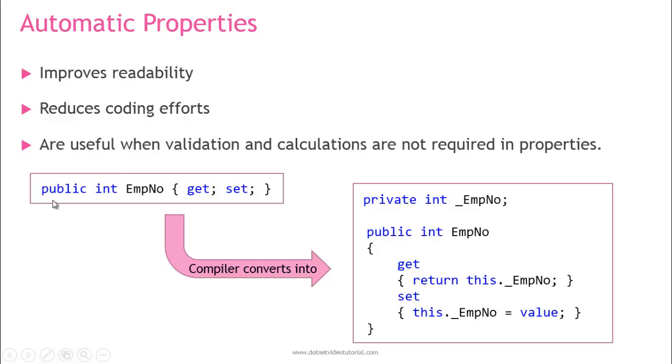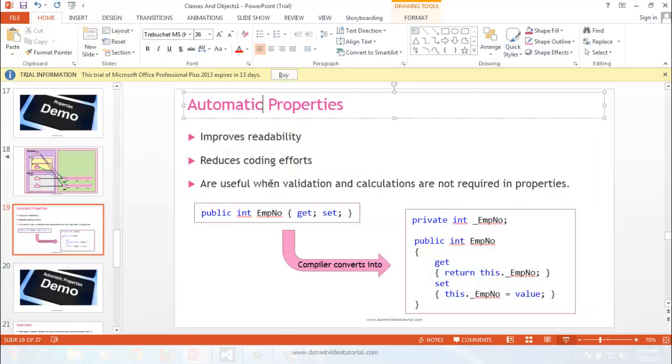You can replace this entire code snippet just by this one line: public int EmpNumber { get; set; }. That's it. Now the compiler will convert it into this code snippet. So obviously now your code will be more readable and you have to write less code.